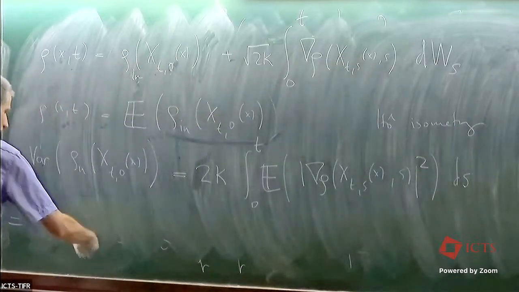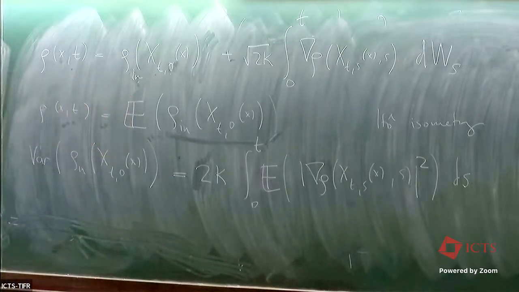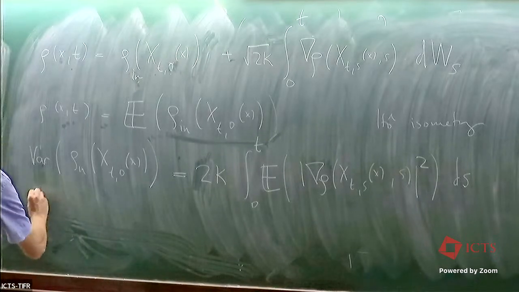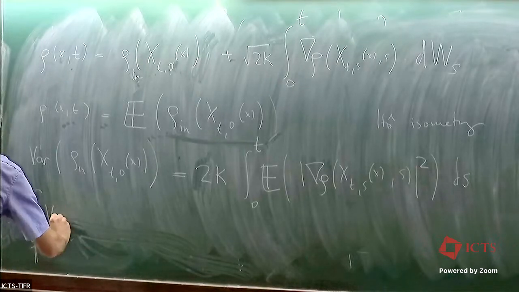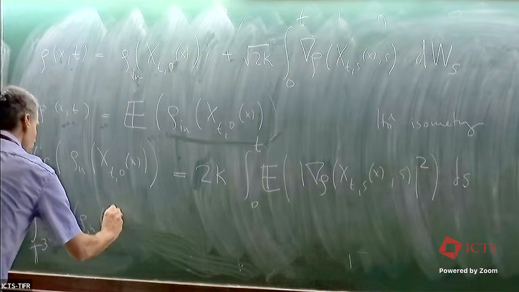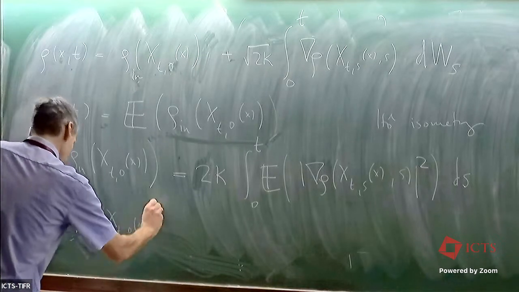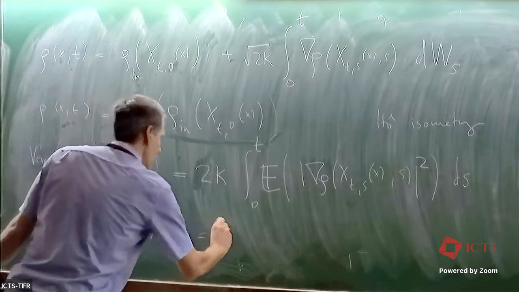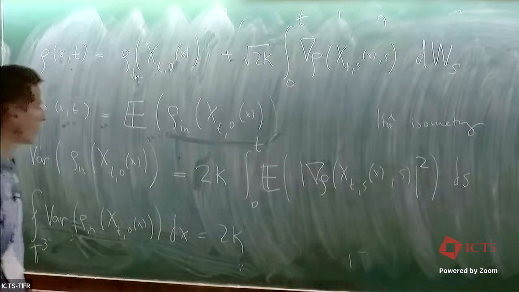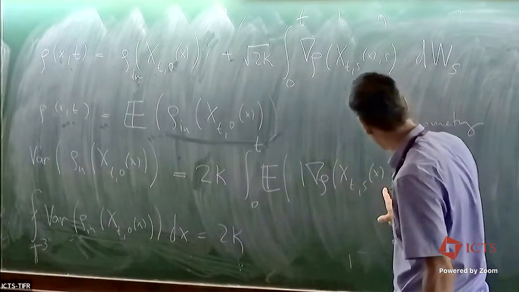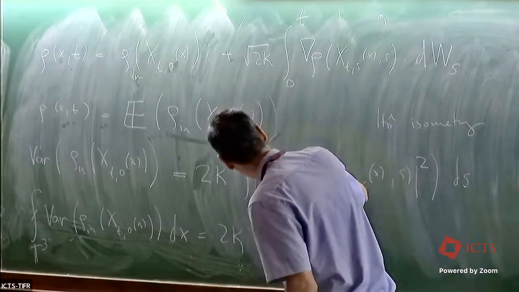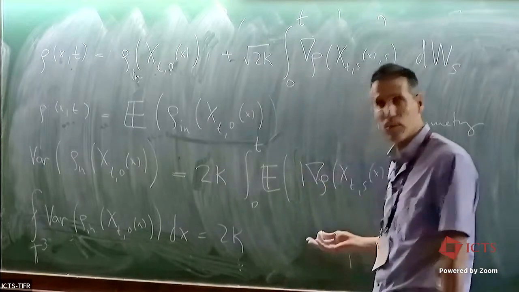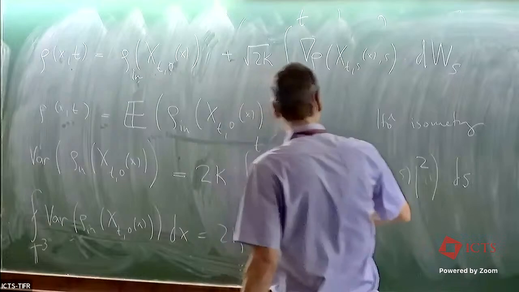And now I can integrate this in x. So this is for a single point x. But if I integrate in x, so I consider, let's say, the average, I'm on the torus, but I think this argument works more generally. Since u is divergence free, these are volume preserving. So I have this integral in x here, I can change variables, and then basically it disappears, right?